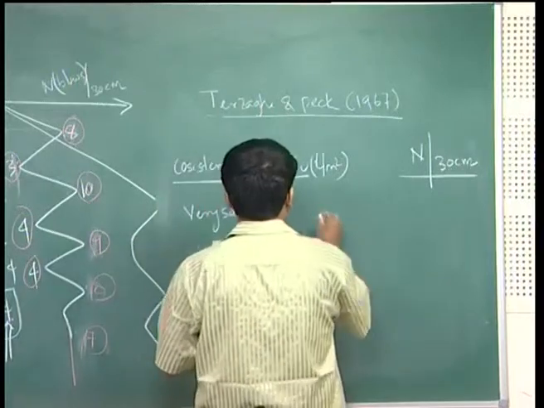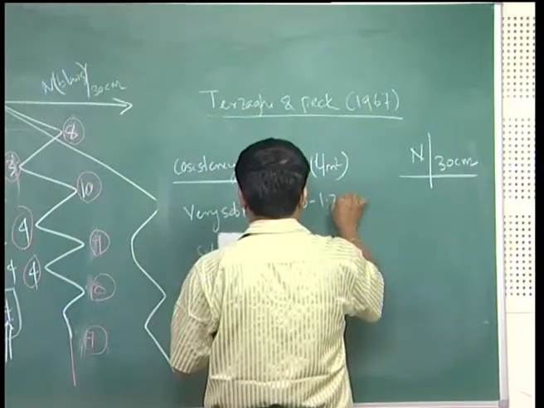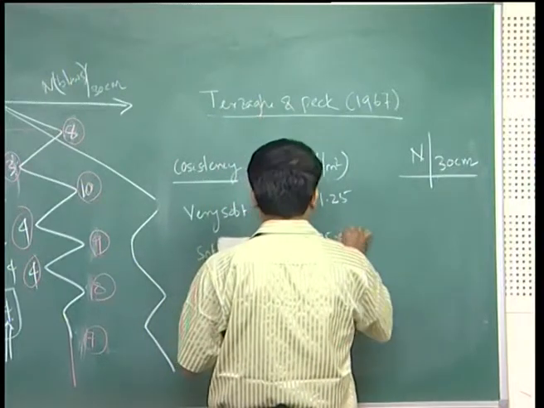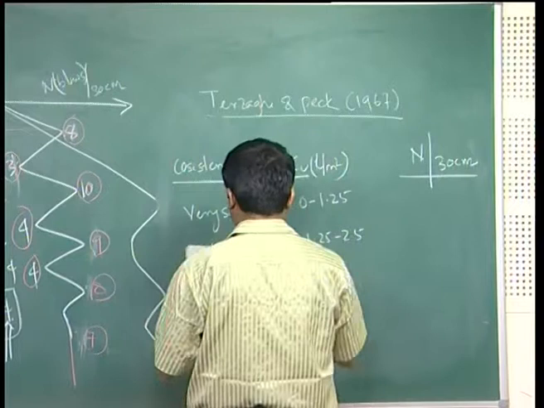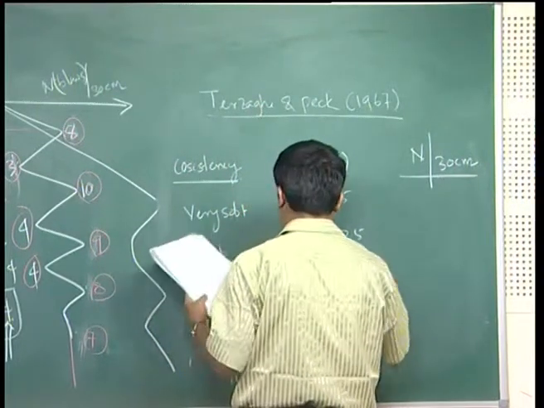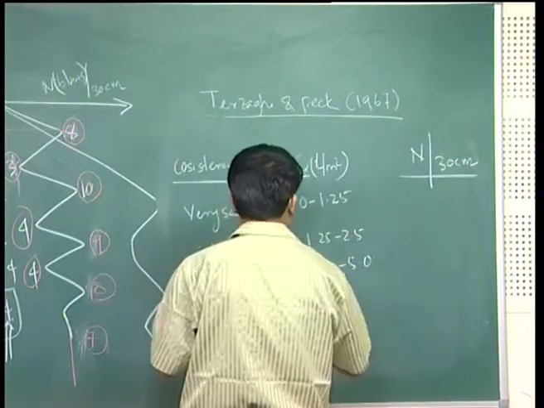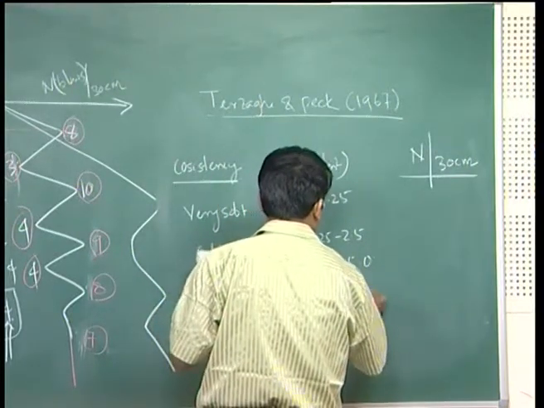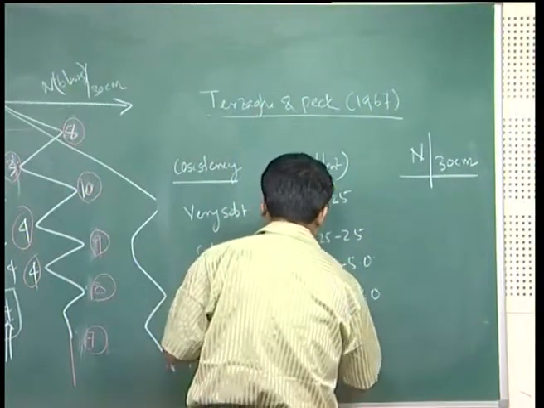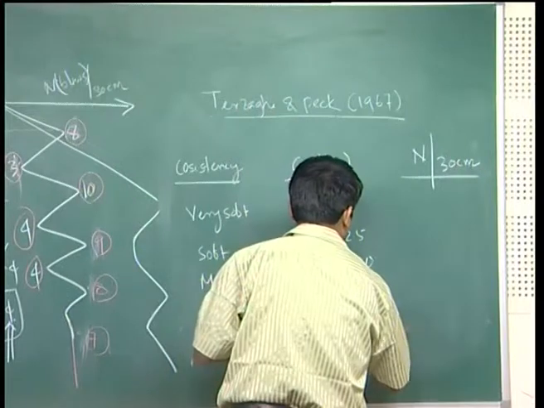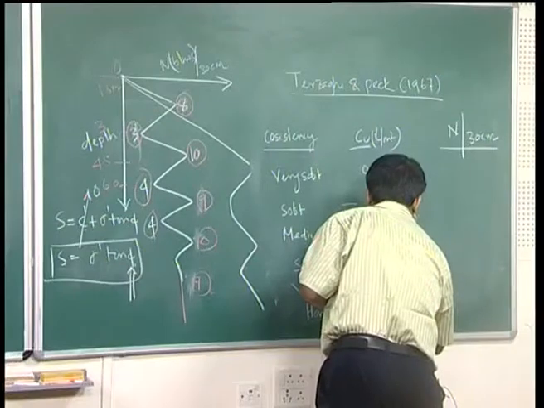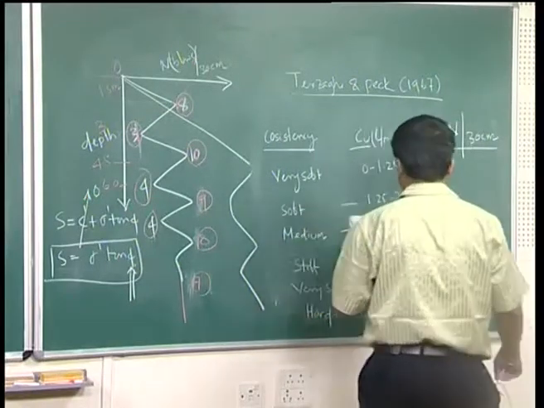In very soft it is 0 to 1.25, then 1.25 to 2.5, medium 2.5 to 5, stiff 5.0 to 10.0, very stiff 10.0 to 20.0, hard greater than 20.0.